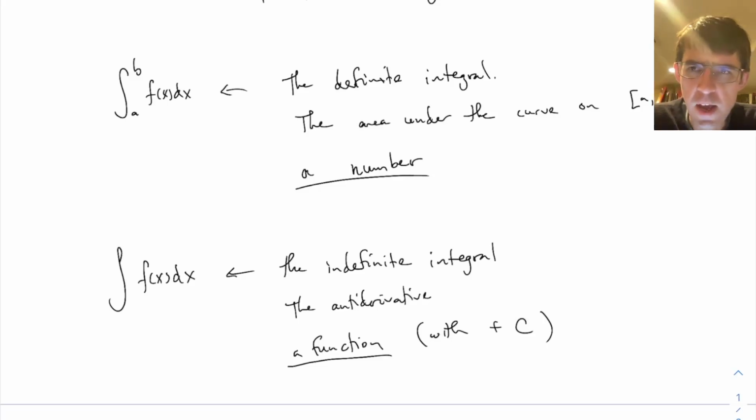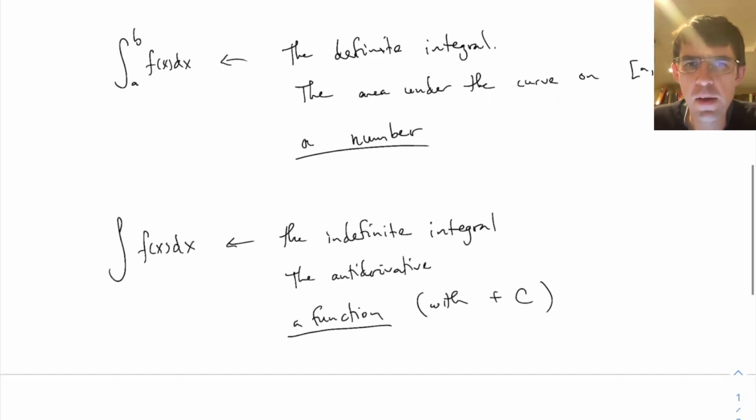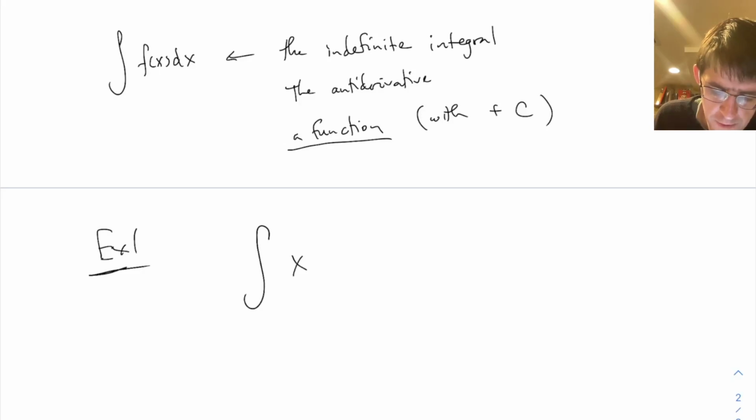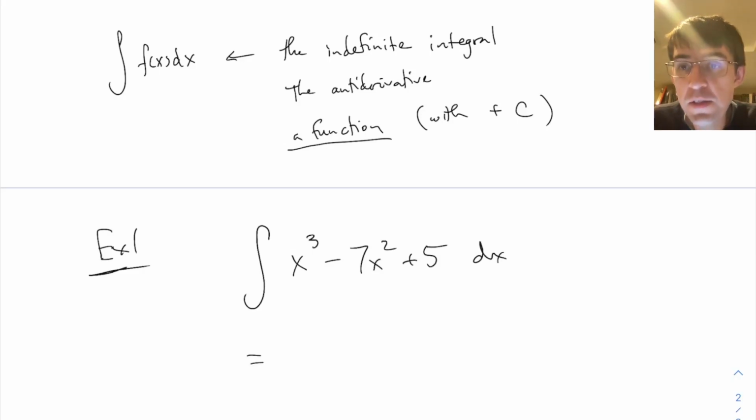This is the last thing that I wanted to say, which is really just a matter of notation. But it means that, for example, if I say, what is the integral of x cubed minus 7x squared plus 5 dx, that's the antiderivative of that function. That's what it means when I write the integral sign with no little numbers.